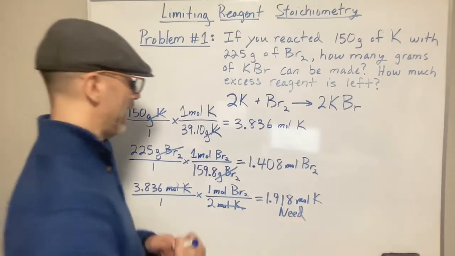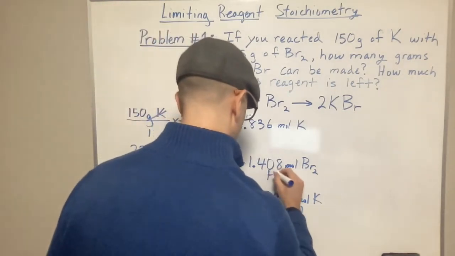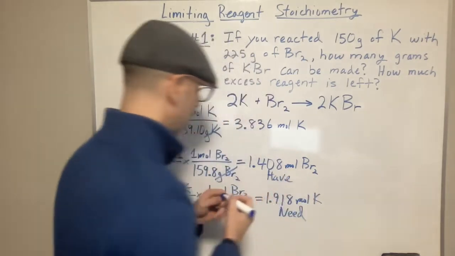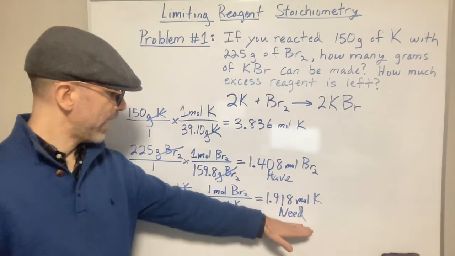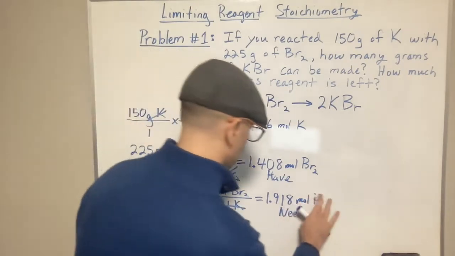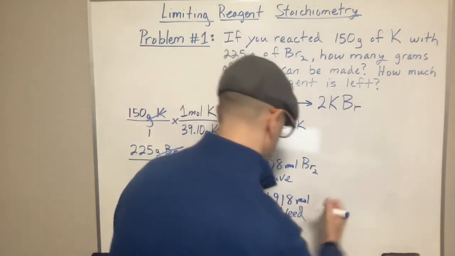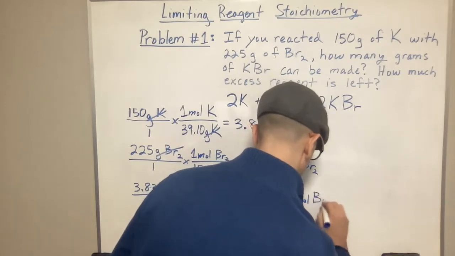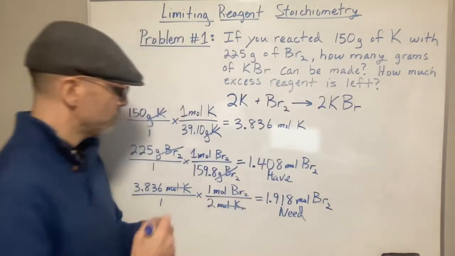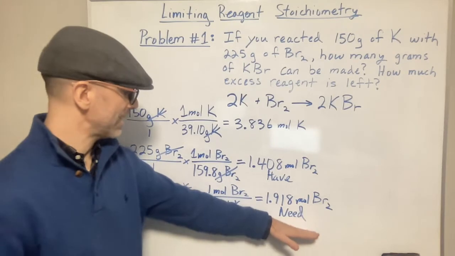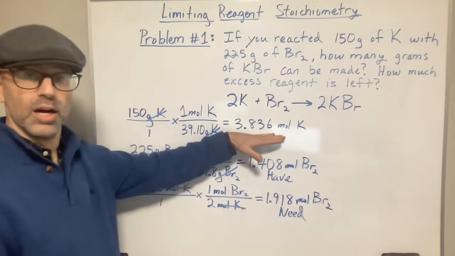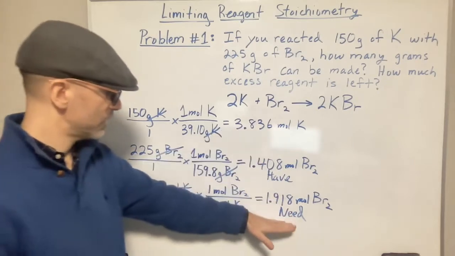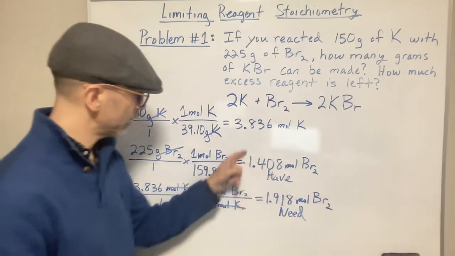So what do I have? This is the amount I have. This is the amount they gave me. So this is the amount of bromine, Br2, I need to react completely with this amount of potassium. This is the amount I need, but look at the amount I have.